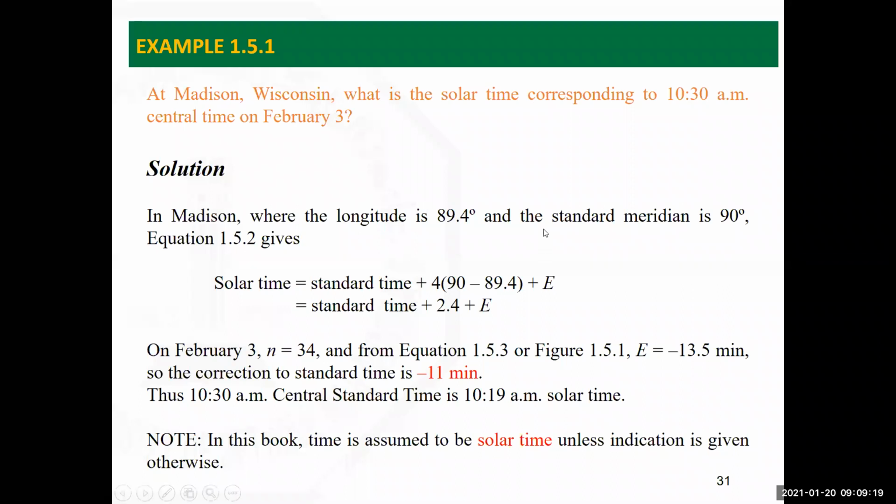Doctor, the standard longitude, is it always 90 degrees? Again, it's 90 in Wisconsin, and this value changes from one location to the other. For example, here we are going to have a different value of the longitude based on Riyadh time. In Baghdad, you have a different time.